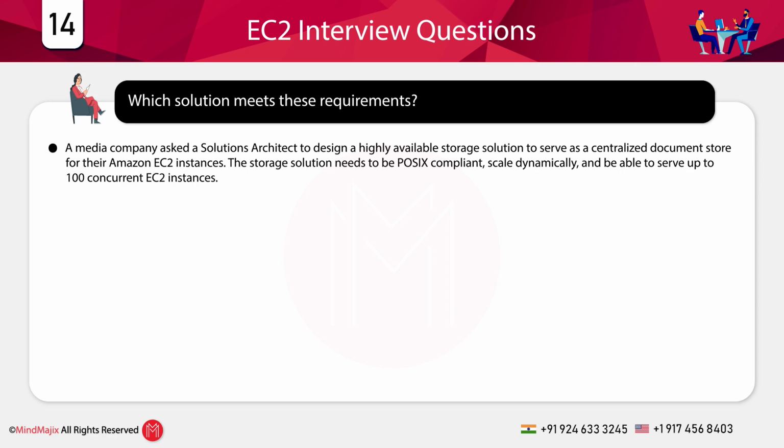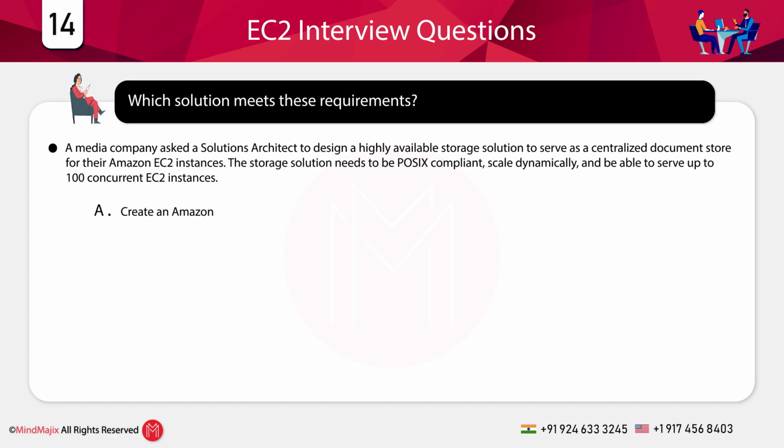So it's a central solution. Can we give EBS as a concurrent storage solution? No, so what can it be? If it says able to serve the concurrent EC2 instances, let's see what the answer will be. But it should click without reading the options: other storage and document store. DynamoDB should also come to mind, but it's not storage, it's a database. But let's see what the other options are.